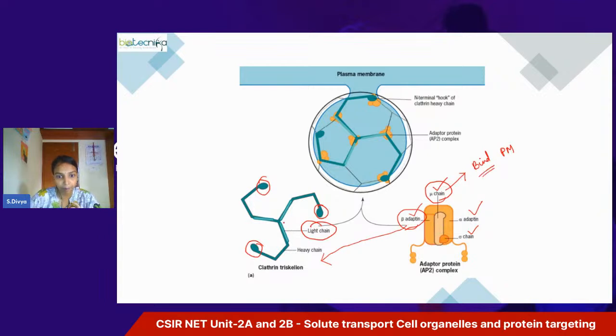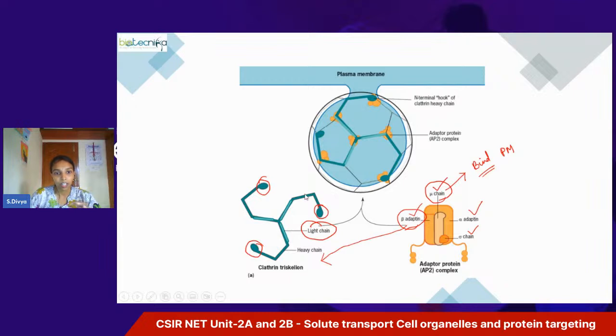Okay, so combining these two structures together, we are generating a lattice like this. I hope you are able to remember and understand how exactly these clathrin coated pits are constructed. Yes, everyone? Okay.